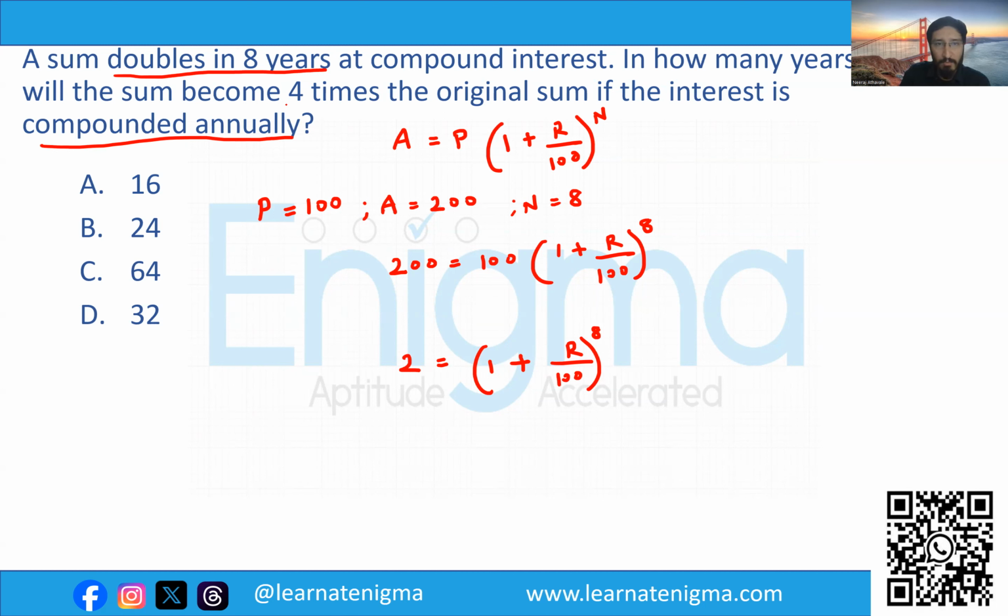Now we want the sum to become 4 times. So now the amount will become 400.